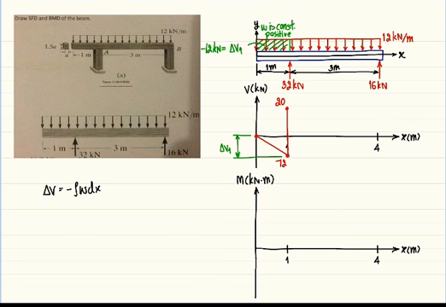changed by 32. And next, in section 2, the load is constant positive, so the graph has the same slope as the first part. So you should draw the graph with the same slope.